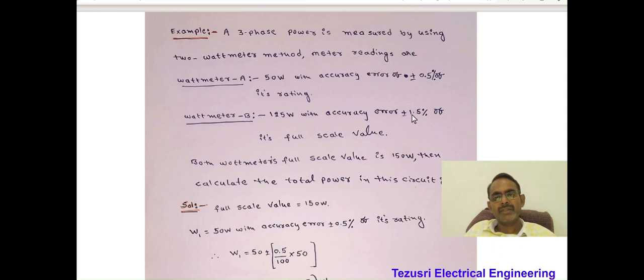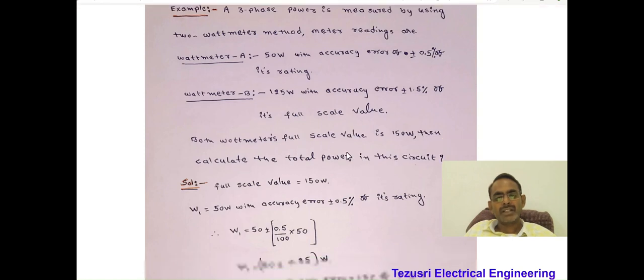That means the 1.5% error is specified in terms of full scale value, while the plus or minus 0.5% of wattmeter A error is specified in terms of true value. Both wattmeters' full scale value is 150 watts. Then calculate the total power in the circuit.